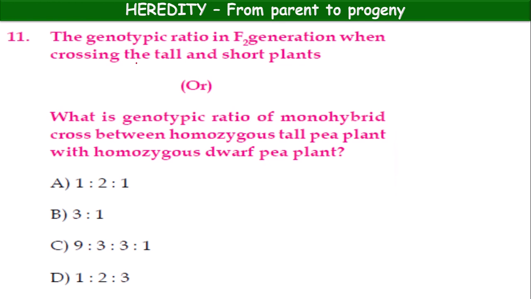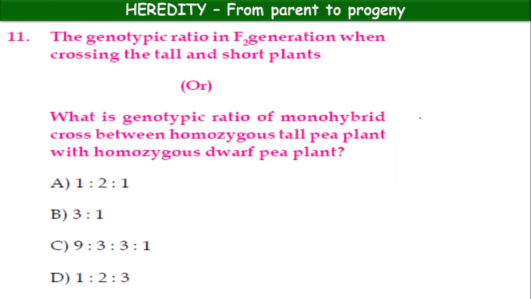Next, the genotypic ratio in the F2 generation when crossing the tall and dwarf plants, or what is the genotypic ratio of the monohybrid cross between a homozygous tall pea plant with a homozygous dwarf pea plant, capital T, capital T, small t, small t.